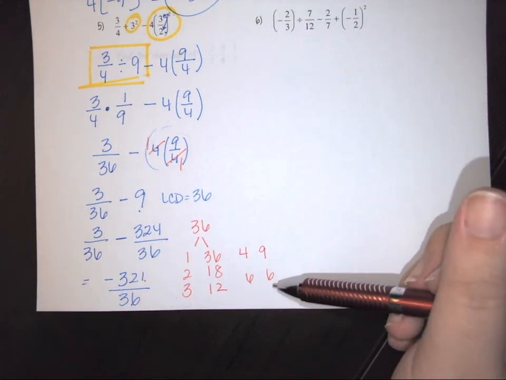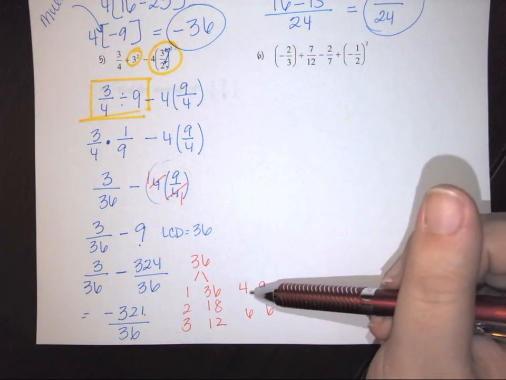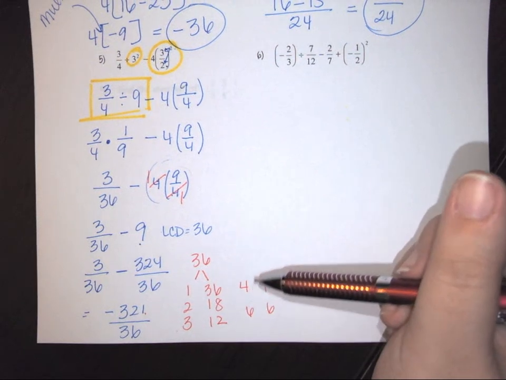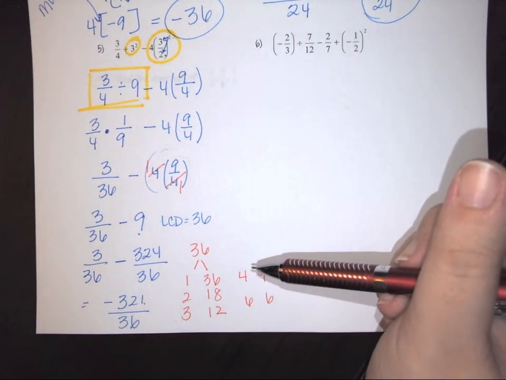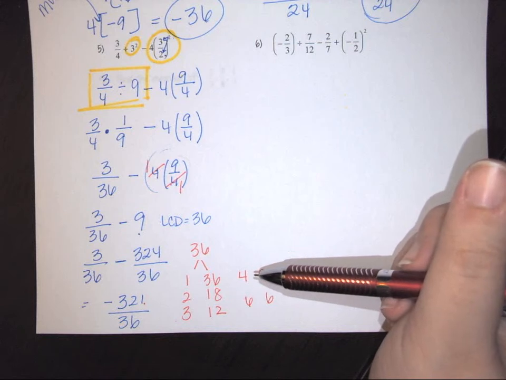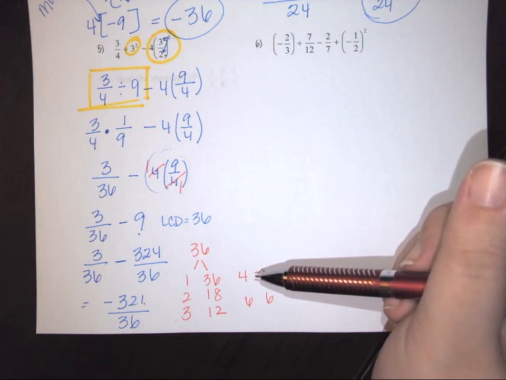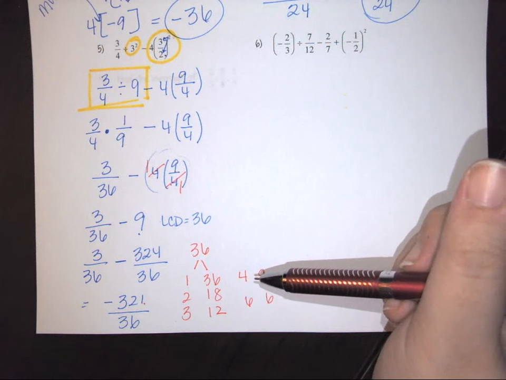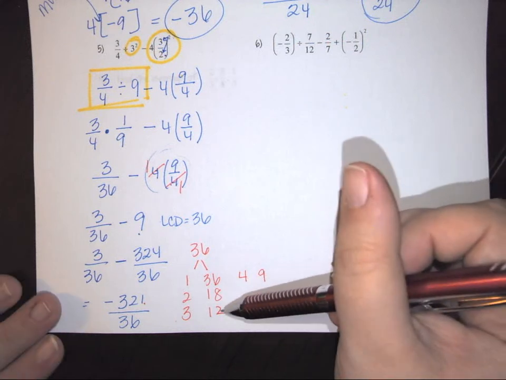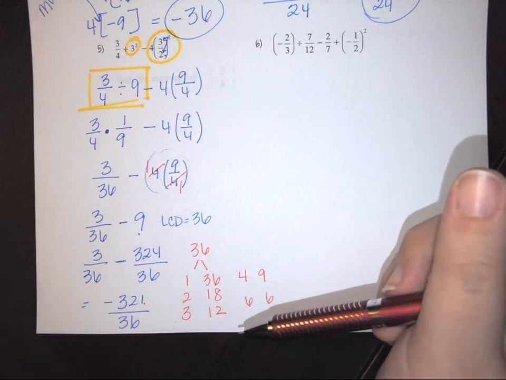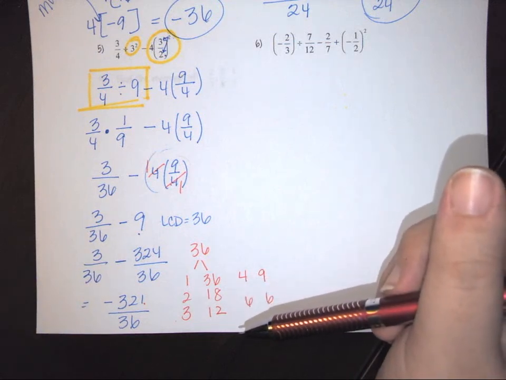But I have a ton more that I can go through, so I would just take a quick second and look. If I looked at 4, notice I would get a decimal. 321 divided by 6 is also a decimal. If I divide it by 9, I still get a decimal. And then 12, 18, and 36 are not going to work because they're all even and my number here is odd.